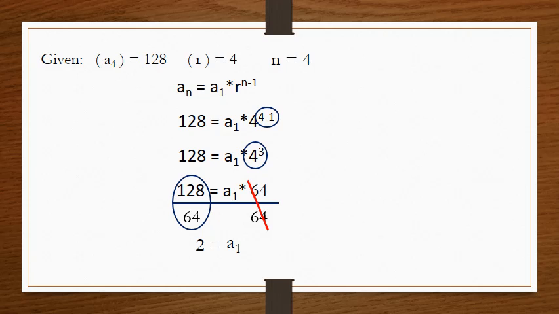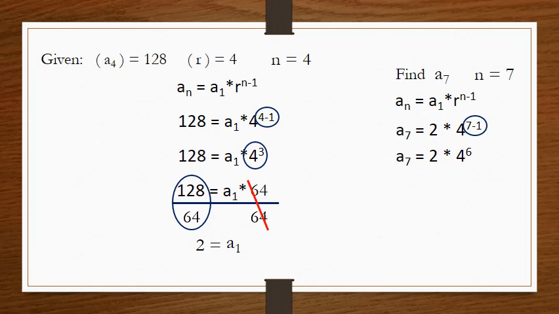So, pwede na natin isolve ang hinahanap na 7th term using again the formula. Substitute. Pero ngayon, since naghahanap tayo ng 7th term, ang number of terms natin ay magiging 7 na. So, a sub 7 is equal to 2 times 4 raised to 7 minus 1.